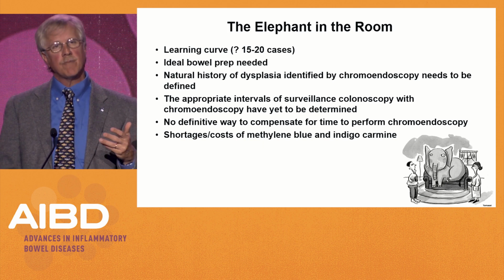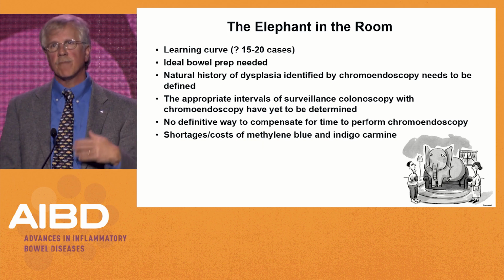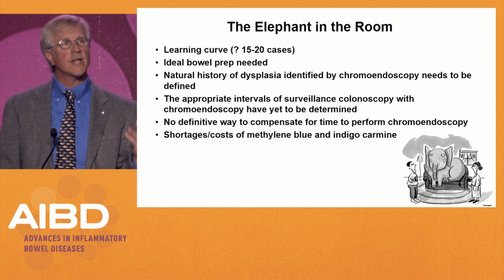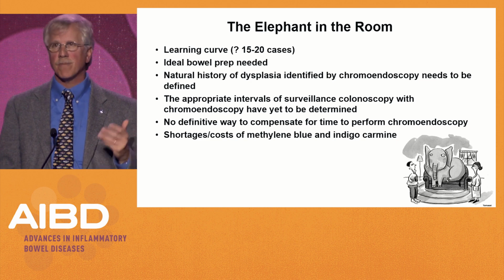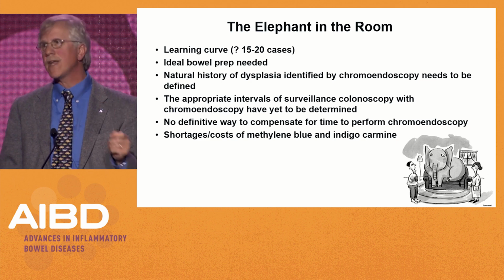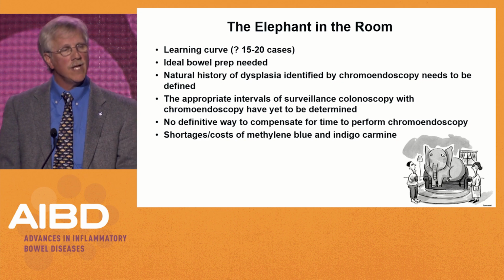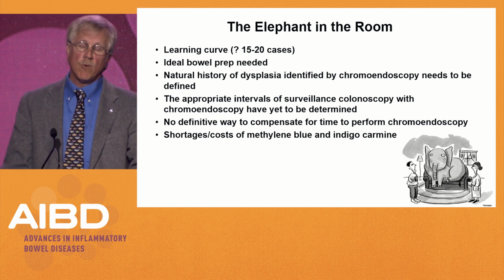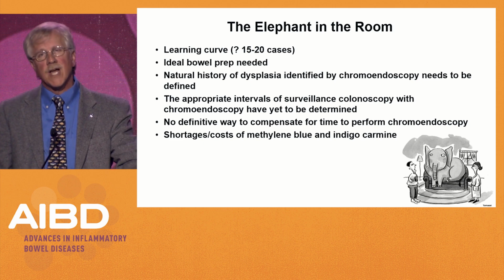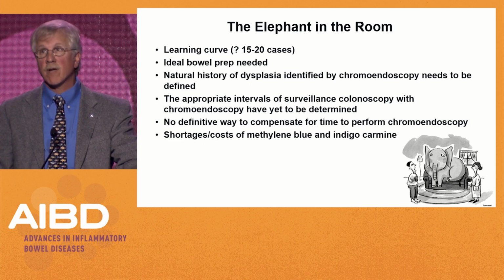In the initial time, I booked 45 minutes for my cases. Now I book 30 minutes for my cases because I'm not doing multiple biopsies. I'm not doing this rote speak to the endoscopy nurses about the baseball game while just doing my random biopsies. I'm really concentrating on what we're doing. Obviously, an ideal bowel prep is needed. We do need additional studies on the natural history of dysplasia identified by chromoendoscopy.